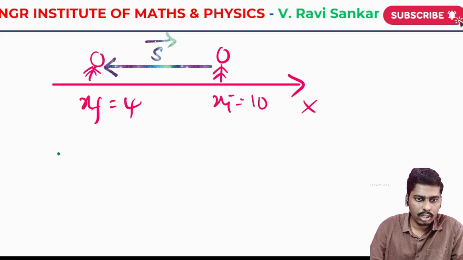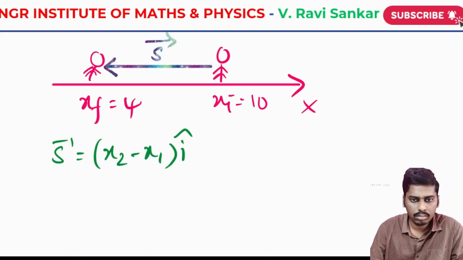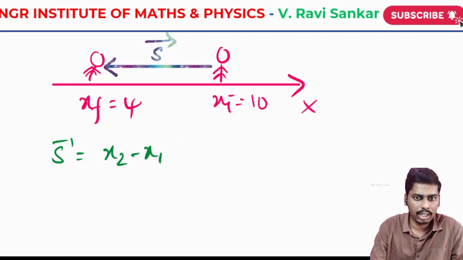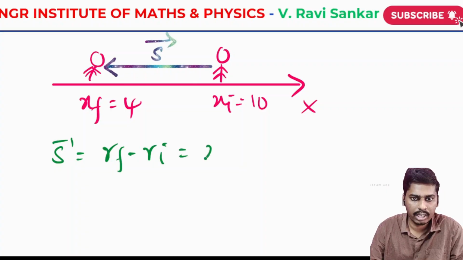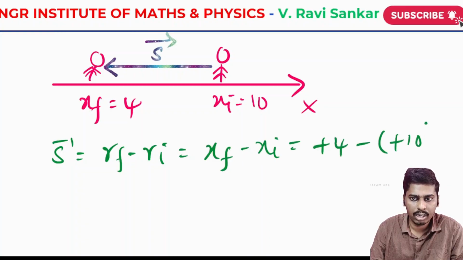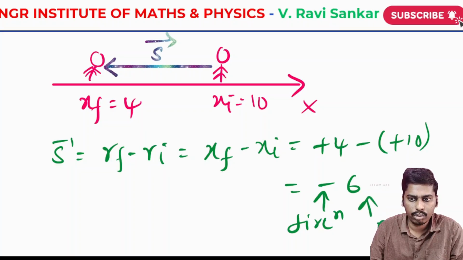Okay, what is this S vector? S vector is x2 minus x1 i cap, or you can say S vector is R final minus R initial. Since the person traveled only along the x-axis, we write x final minus x initial. This is plus 4 minus plus 10. This is equal to minus 6. Here minus denotes the direction, and 6 denotes the magnitude.